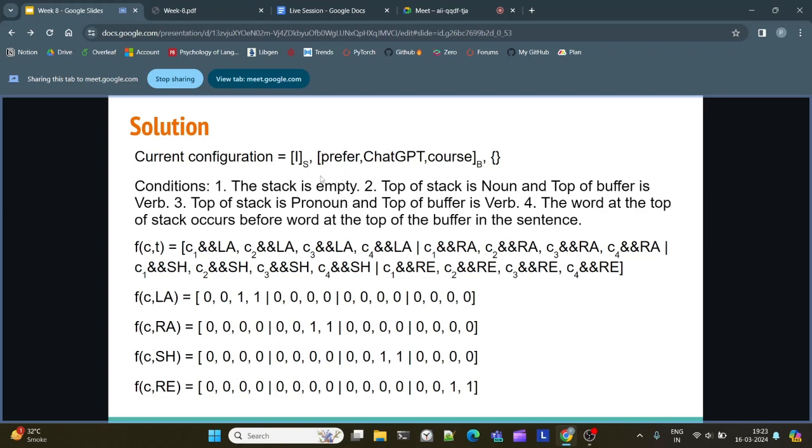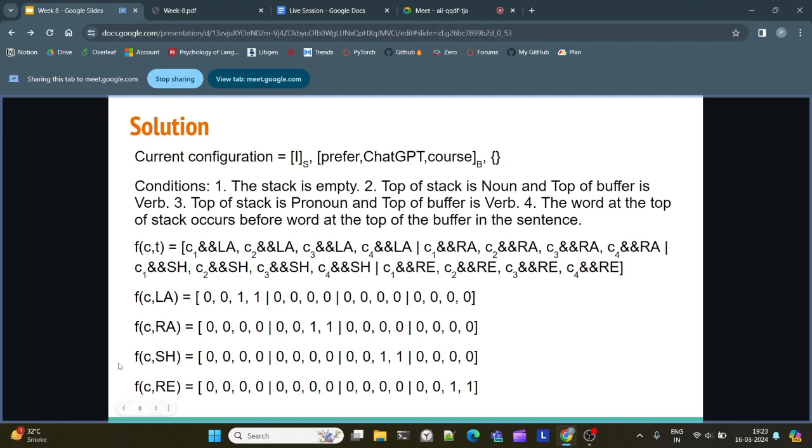So this condition C4 evaluates to true, and I'm performing a left arc transition, so here we again have a value of 1. For the remaining ones I'll have a value of 0, because I'm currently evaluating left arc, whereas the other elements in the feature vector correspond to other possible transitions.